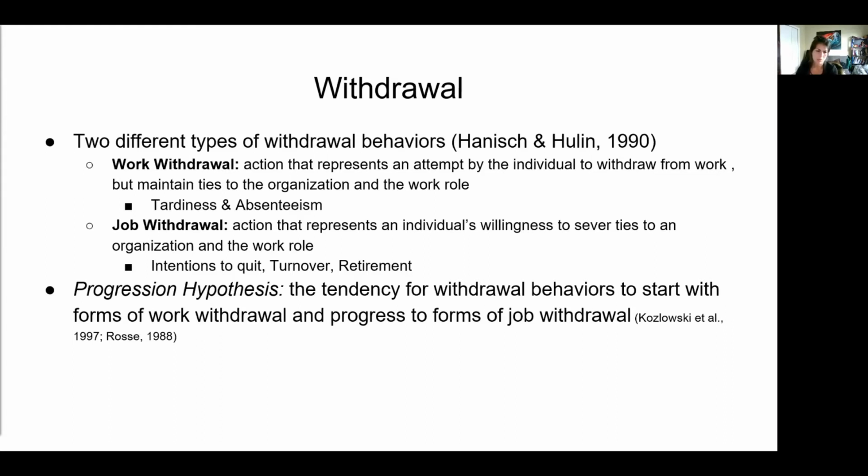And these are more results of negative affect. So, as negative affect builds, or negative responses to affective events, you'll experience work withdrawal, and then that will only increase the negativity, which will lead to job withdrawal, and so on. So this is why organizations want to do what they can to prevent those negative events and this progression from happening.